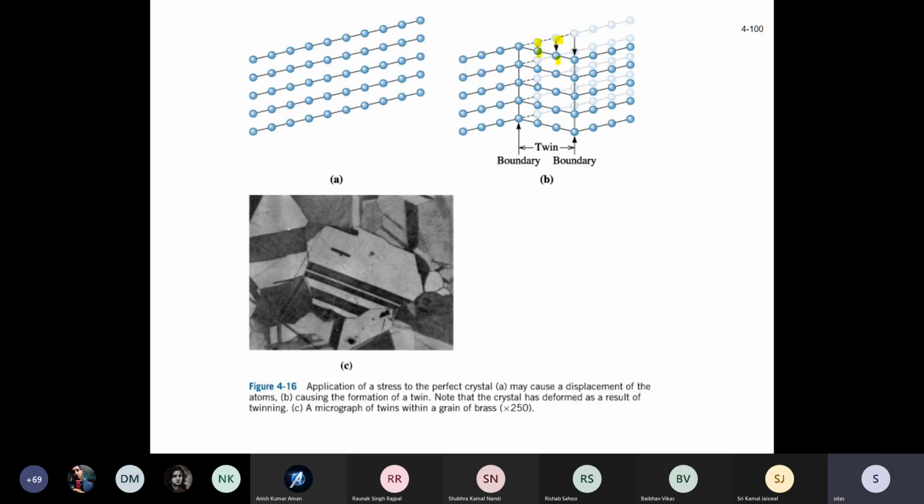So, a couple of points, please write down about twins. I'm comparing slip with twins.